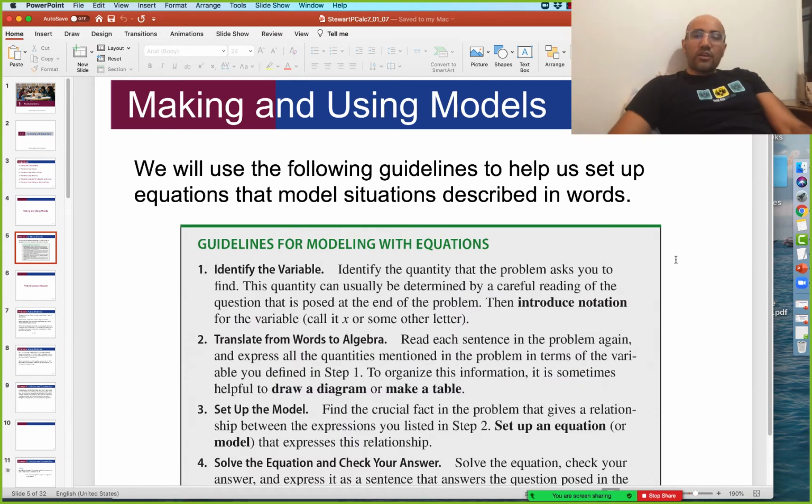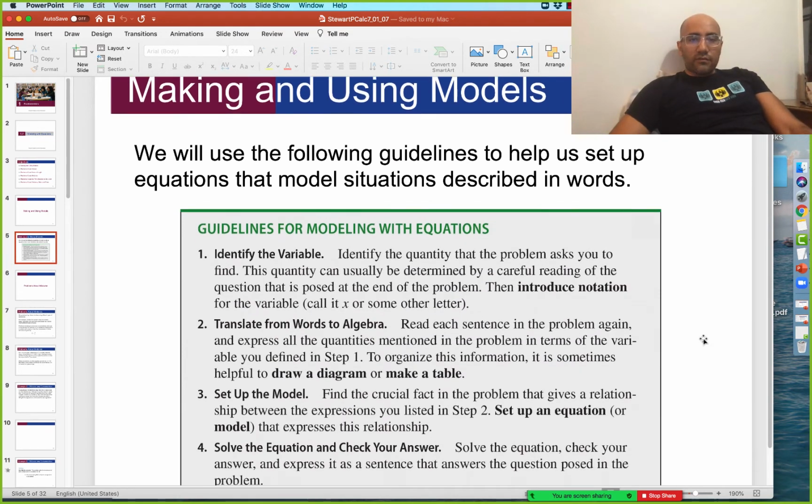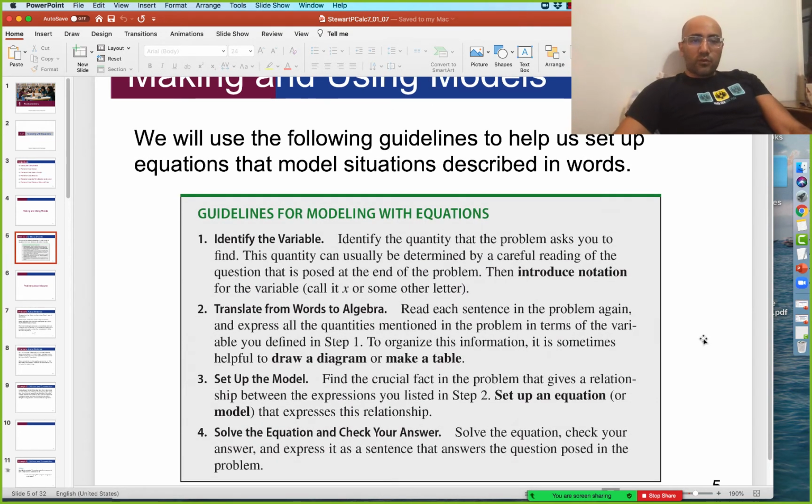So just in general, the guidelines for helping you get through some of these word problems are here. You want to identify your variables. You want to use as few variables as possible. Only introduce variables when you really need to, and clearly define them. I think you'll see the benefit of actually writing down what the variable means, because then it can get confusing down the road.